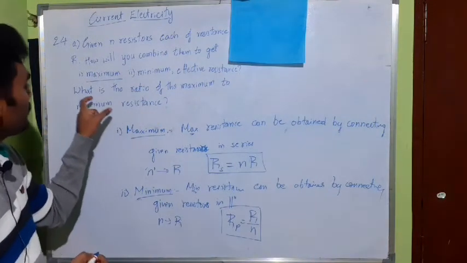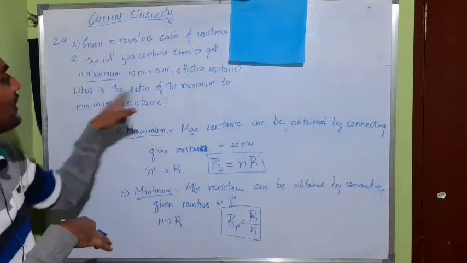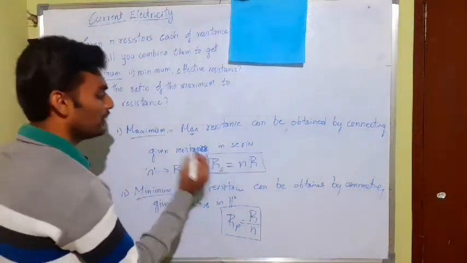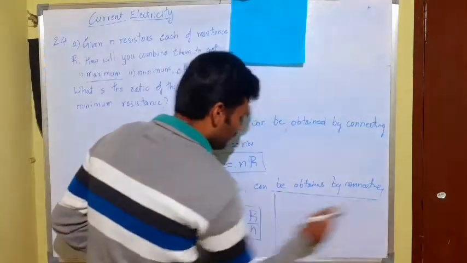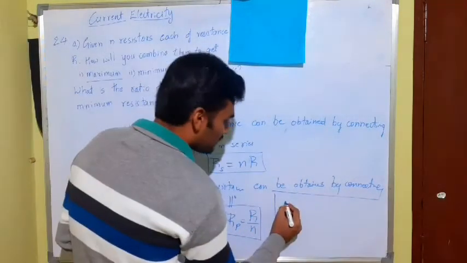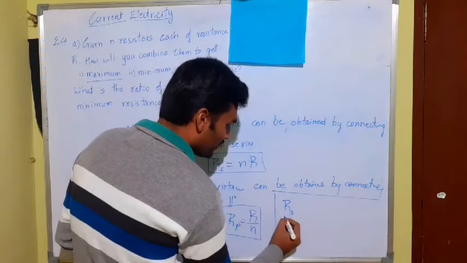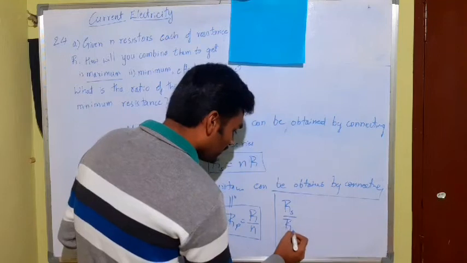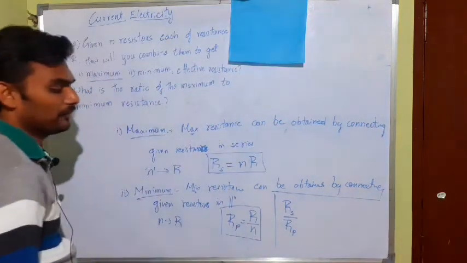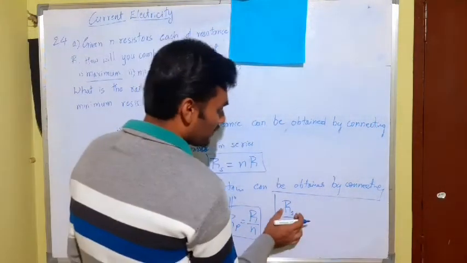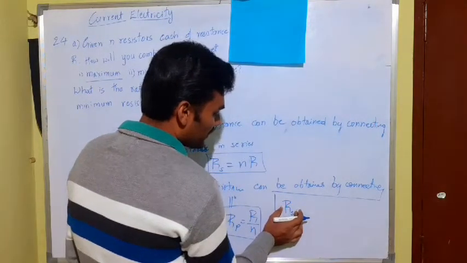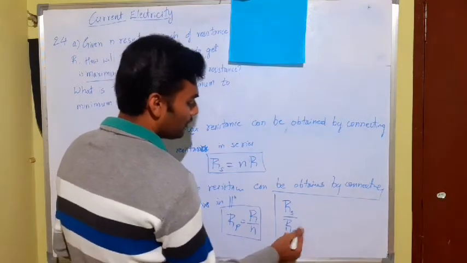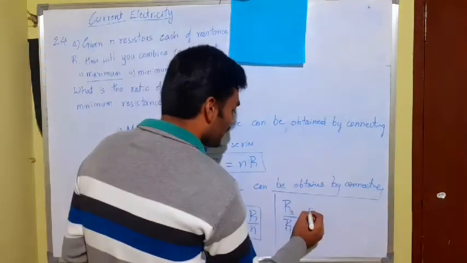But there is one more question inside this, which is: what is the ratio of the maximum to the minimum? What is the maximum? The series one. What is the minimum? The parallel one. So they're asking us to get the ratio of the effective resistance of the series combination, Rs, to the effective resistance of the parallel combination, Rp. Maximum by minimum is equal to, what is Rs?